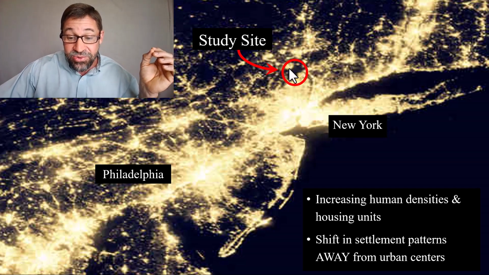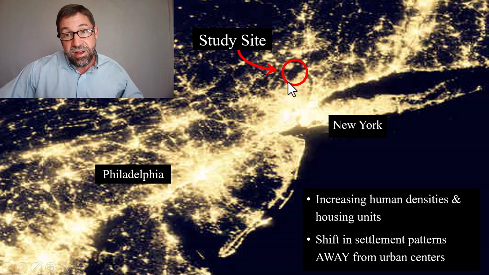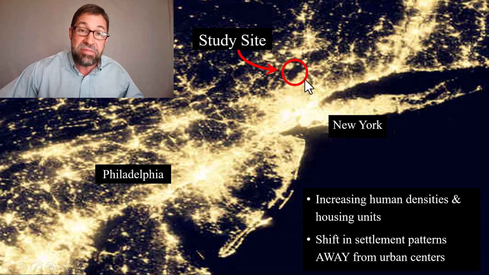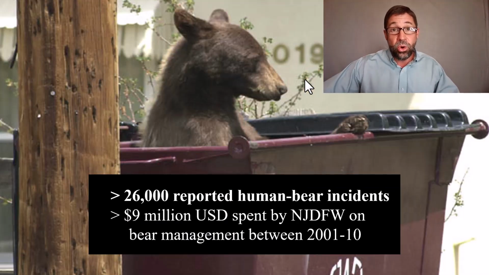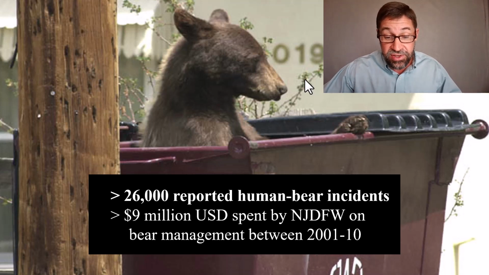Over the past 3 decades, that little dark spot has been surrounded by accelerating suburban development as human residents left the city for the suburbs and the exurbs. And the result? At the time of these analyses, the database had 26,582 reported human-black bear interactions.